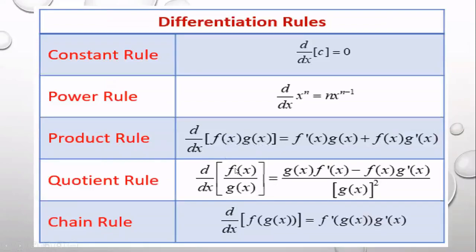U upon V is called the quotient rule or dividing rule. The denominator should be squared, keep the denominator constant, and differentiate the numerator, minus, then keep the numerator constant. The denominator won't be differentiated, so the minus sign is there. Chain rule: differentiate the first function, don't differentiate the inside function, and multiply.